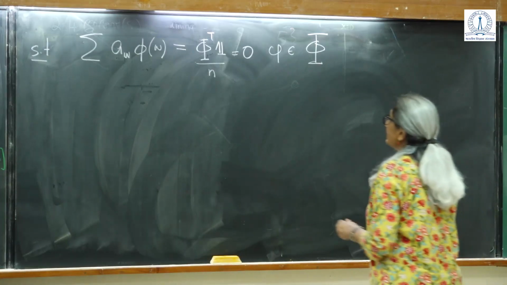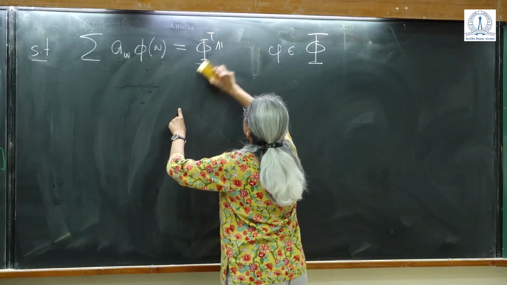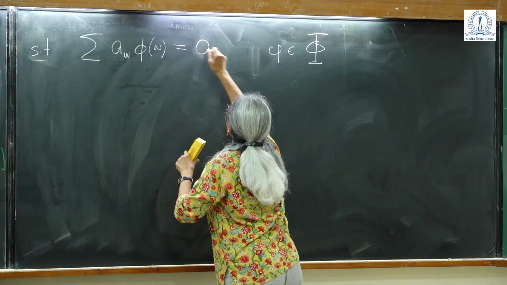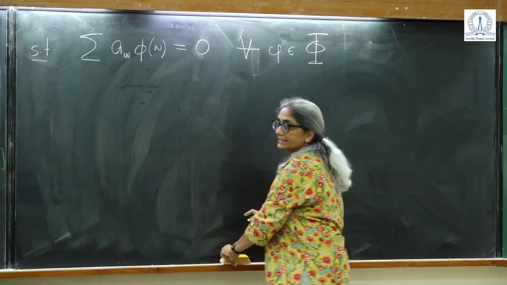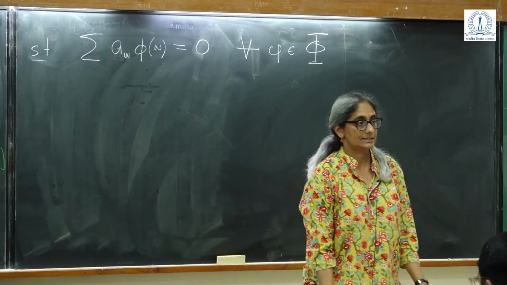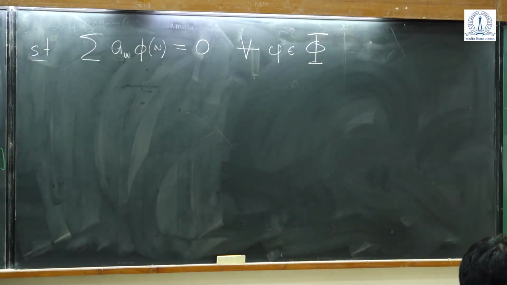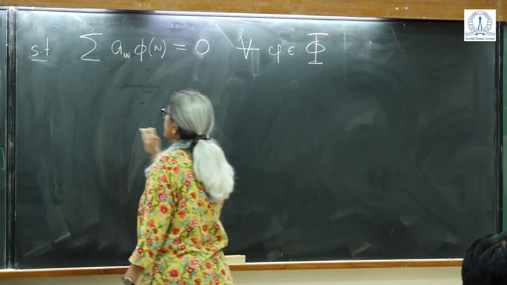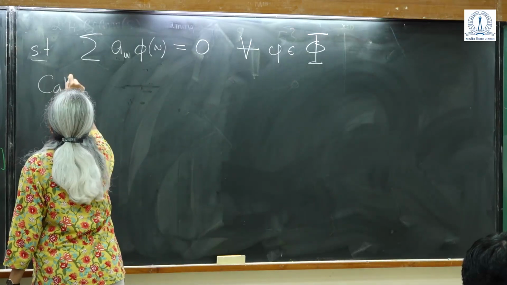So what we really want is the weighted average to be exactly 0 for every phi that's in this capital Phi. Is this okay? This is what I'm going to call a capital Phi design.